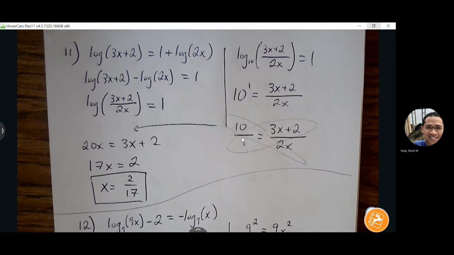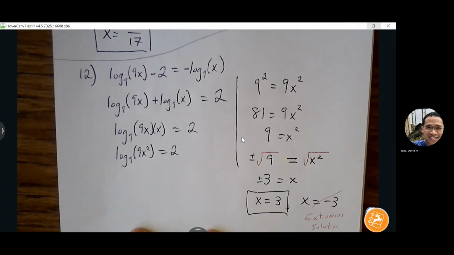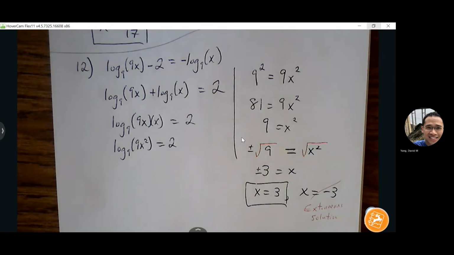All right, are we good with 11? Guys, tomorrow, Wednesday, Thursday, nothing new. We're just going to practice through these problems, get really comfortable with them.